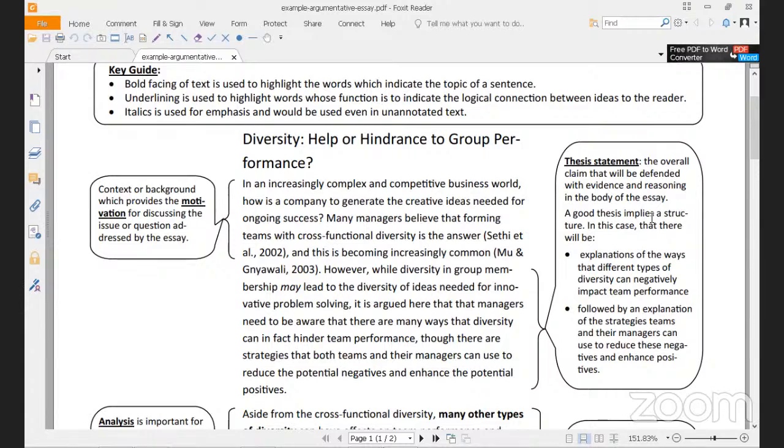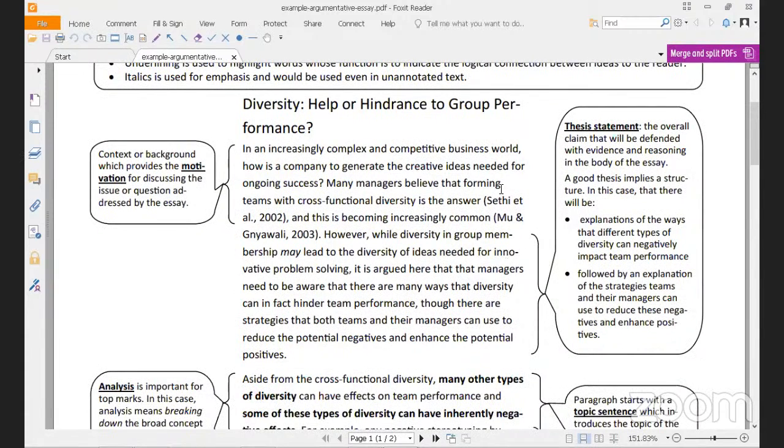A good thesis implies a structure. In this case, that there will be explanations of the ways that different types of diversity can negatively impact team performance, followed by an explanation of the strategies teams and their managers can use to reduce these negatives and enhance positives. In few words, it's just telling us the pros and cons.